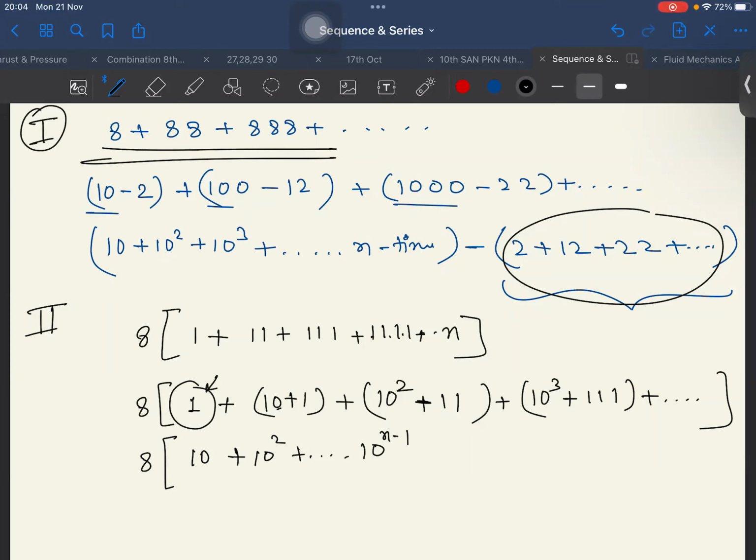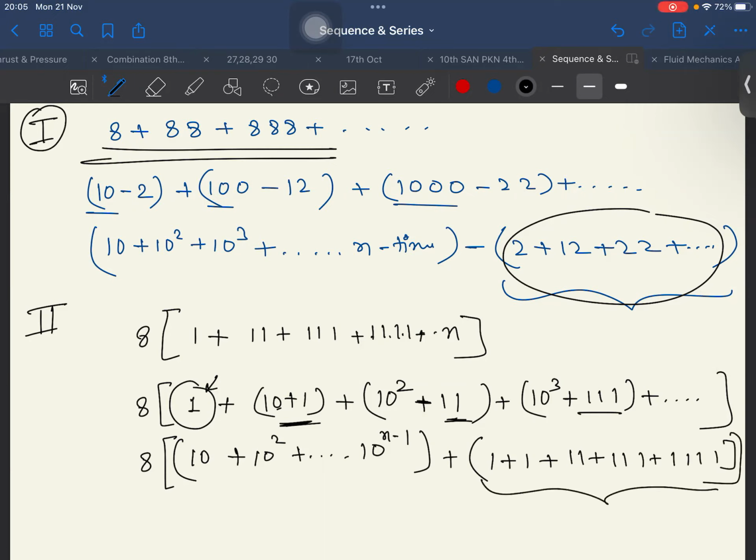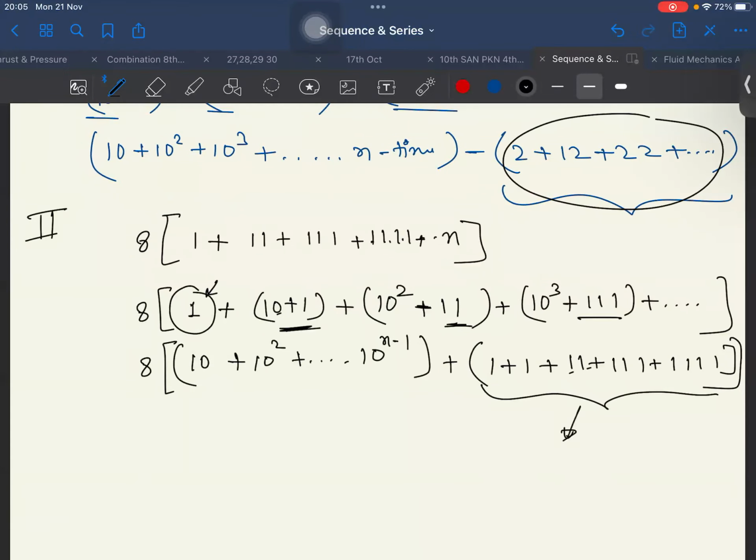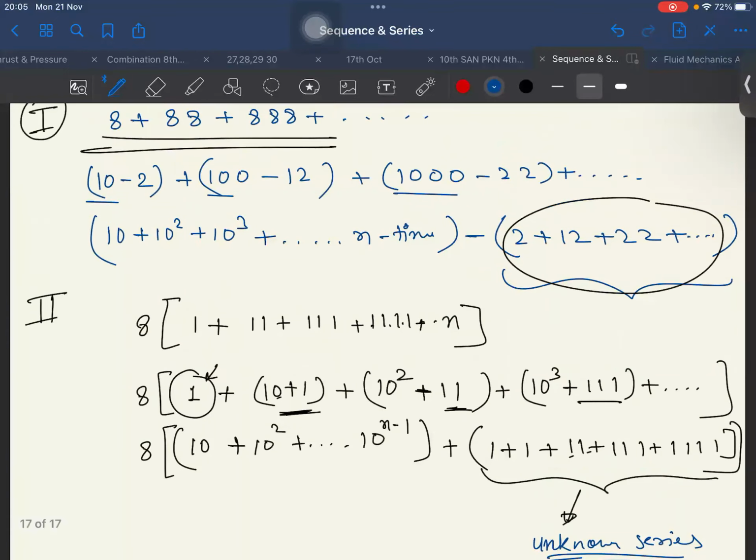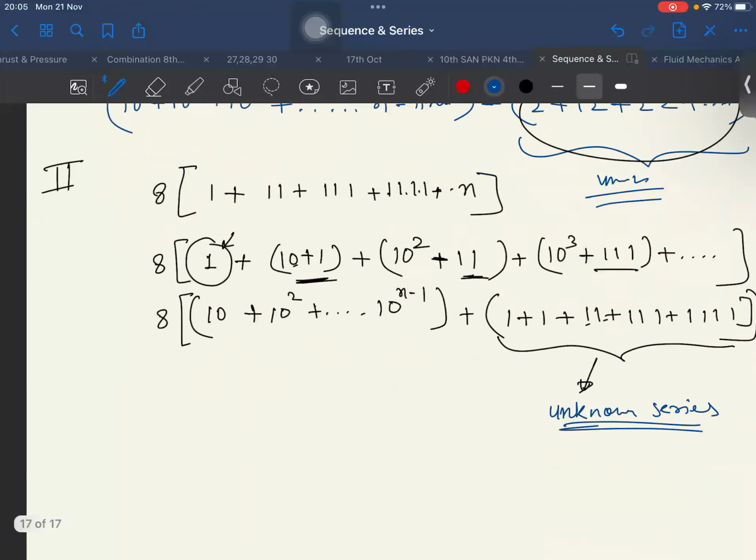Then plus 1 plus 1, from here 11, here 111, plus 1111. Now this series we don't know about, we cannot solve it. There is no general formula available for this unknown series. This is also an unknown series.